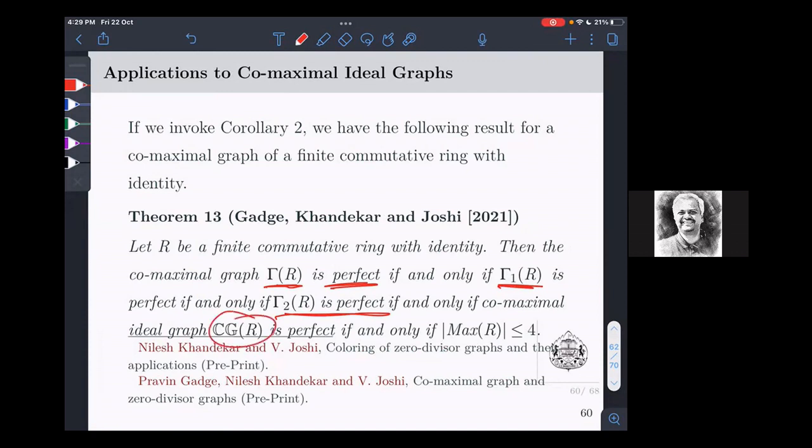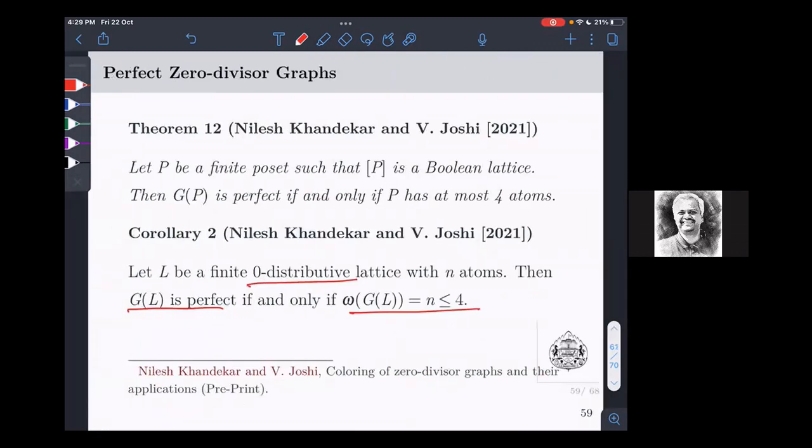CGR, that is the co-maximal ideal graph, is perfect if and only if Max R is less than or equal to 4. Why Max R? Because maximal ideals are in 1-1 correspondence with the number of atoms, and we proved that the number of atoms is at most 4.